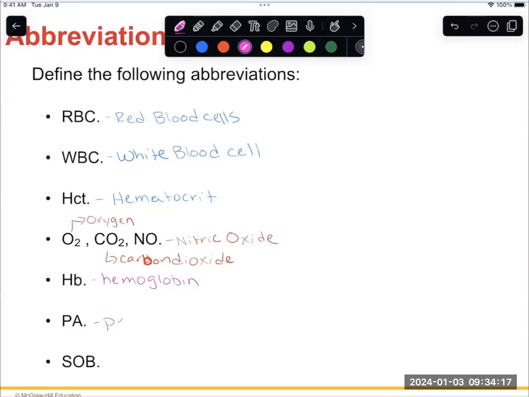PA, pernicious anemia. SOB. In the medical field, shortness of breath.